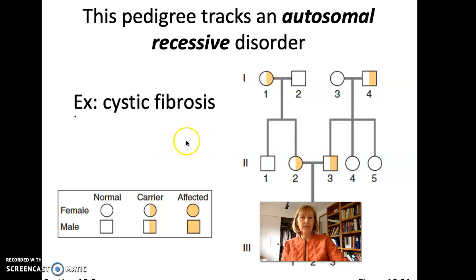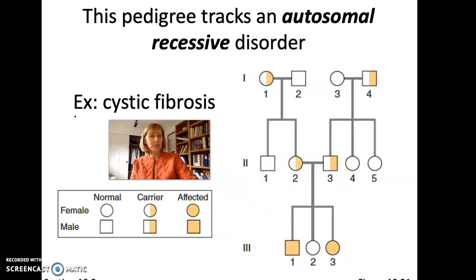Okay, this is an autosomal recessive. Again, this one isn't on the sex chromosome, but look, I have half-filled boxes, seemingly for male and for female, in this generation, again for female and male, and then here both of them get it.